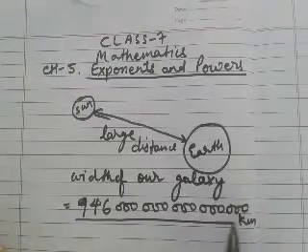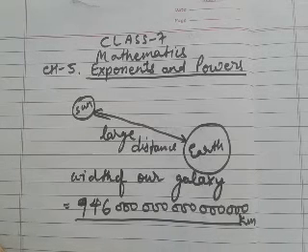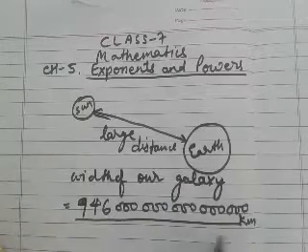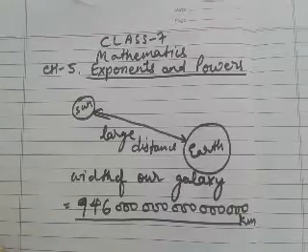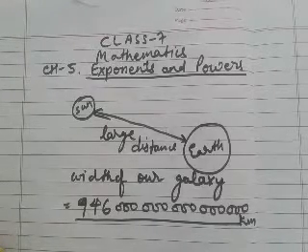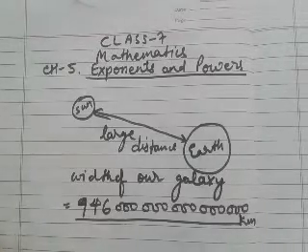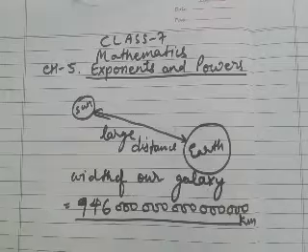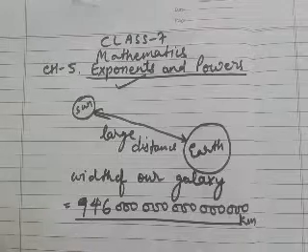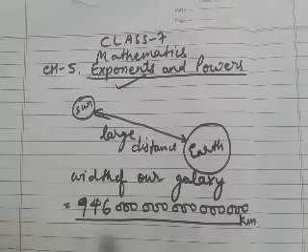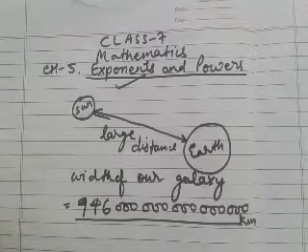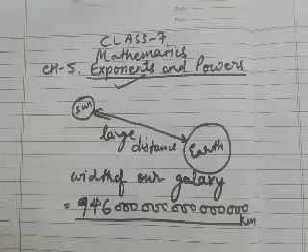How can we read this large quantity, or how can we write this large quantity in short form or briefly? Exponent is the way to write a large number in a short form.